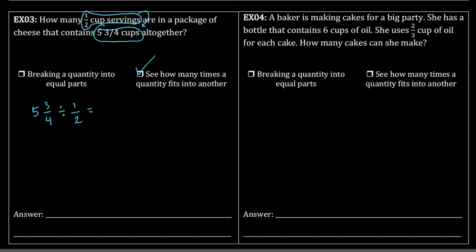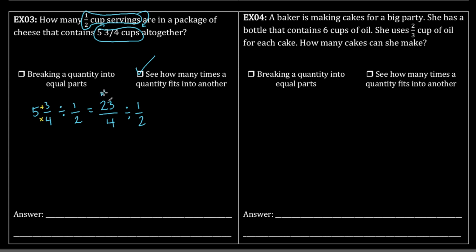Let's go ahead once again and use our Texas method to convert. So 5 times 4 is 20, so there are 20/4 in 5 wholes, plus 3 is 23/4. And we're going to divide it by half.